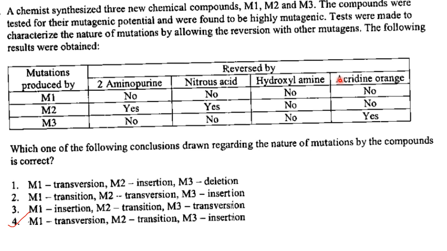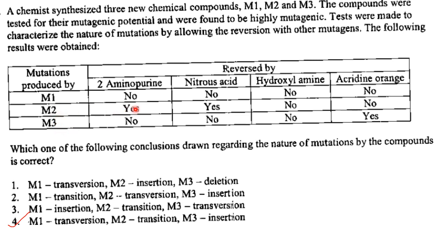So nitrous acid, 2-aminopurine, and hydroxylamine cause transition mutation. And acridine orange is meant for insertion, deletion, or I can say frameshift mutations. So since M1 is not reverted by any of these, you can say that M1 is because of a transversion mutation. Now coming to M2.